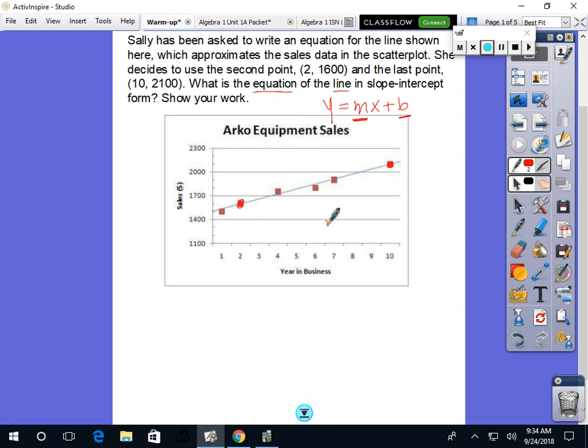In this scenario, which one is very simple to figure out, the m or the b? The b, because the b is just the y-intercept. So I'm going to leave a space for the m. What is the b? The y-intercept.